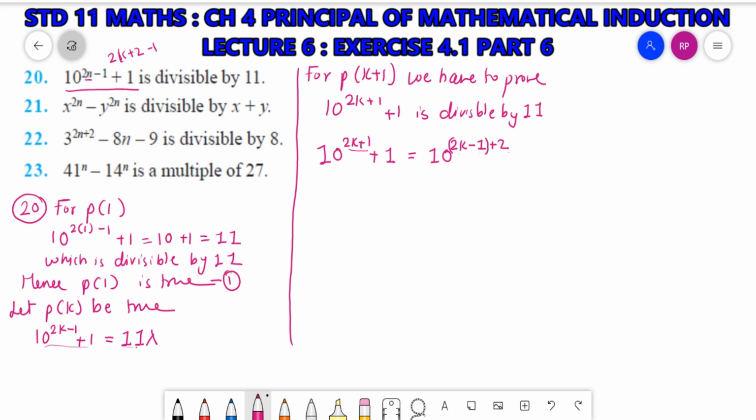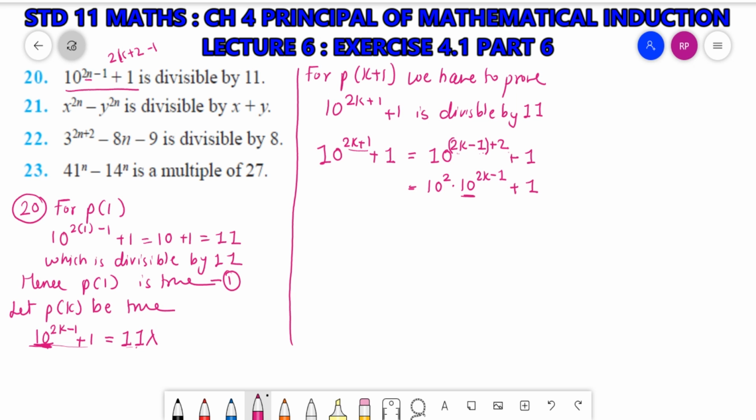Why I had done this? Because I am having here 10 raised to 2k minus 1 plus 1 as it is. So now I will separate it, 10 raised to 2k minus 1 into 10 square. So 10 square into 10 raised to 2k minus 1 plus 1.